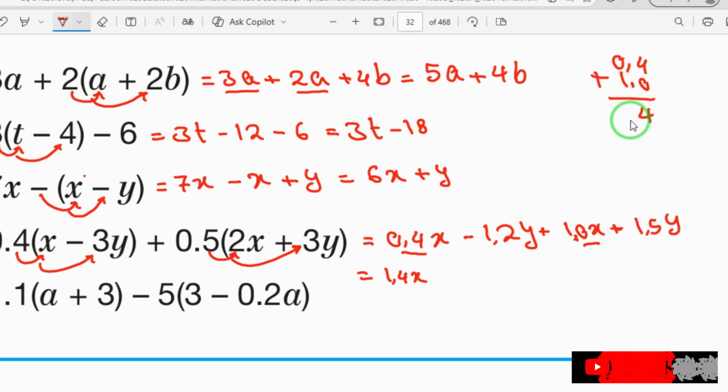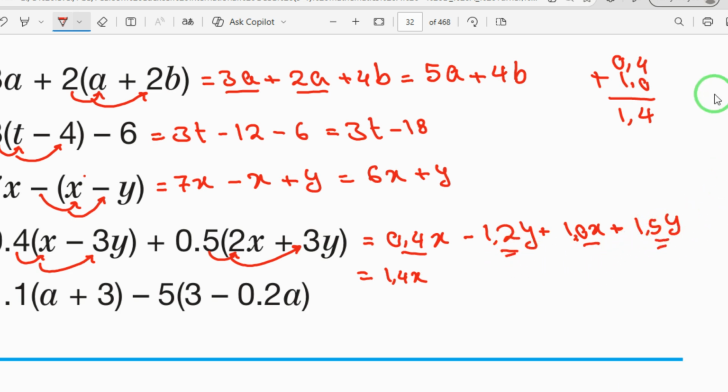We bring down the decimal point as itself. 0 plus 1 becomes 1. 1.4x. And here we have like terms as well, we subtract. Here we have 1.5 minus 1.2. Here we subtract because this one is positive and 1.2 is negative. 5 minus 2 remains 3, and we bring down the decimal point as itself. 1 minus 1 becomes 0. So we write here plus 0.3y. This is the answer.